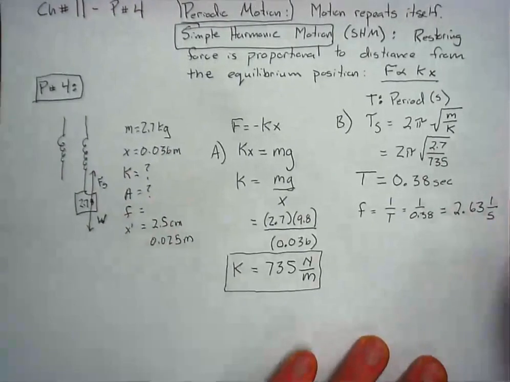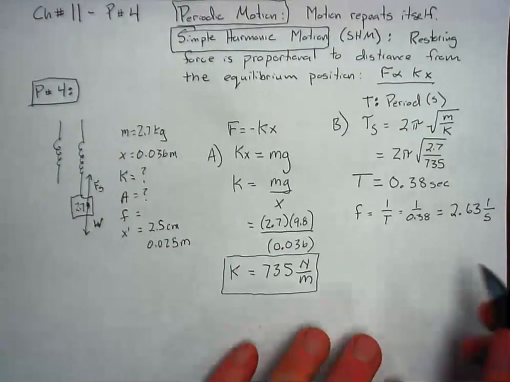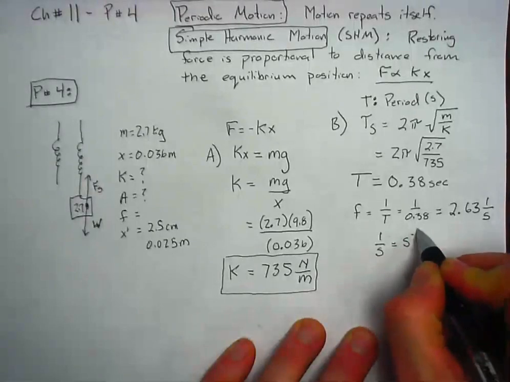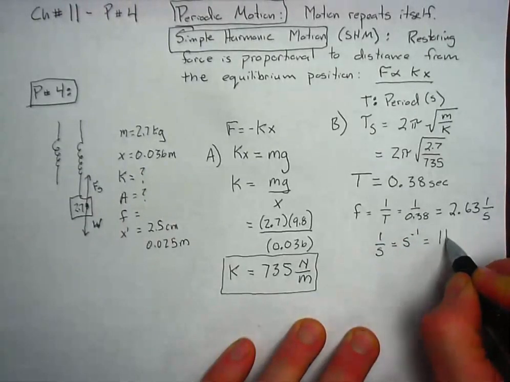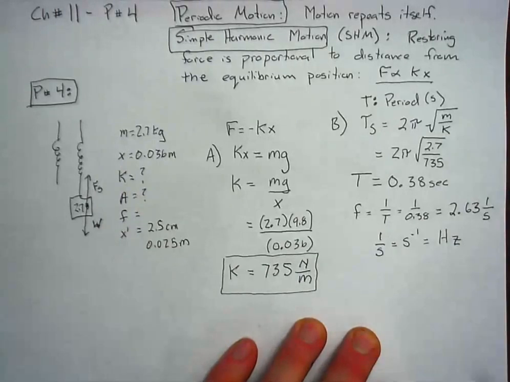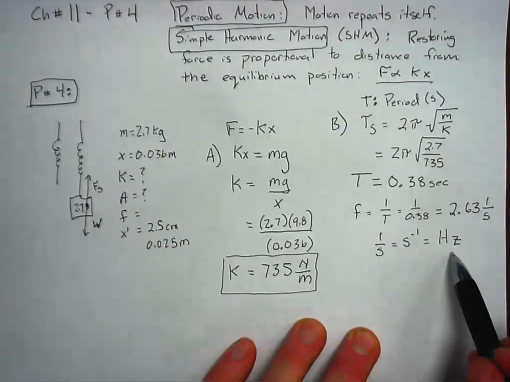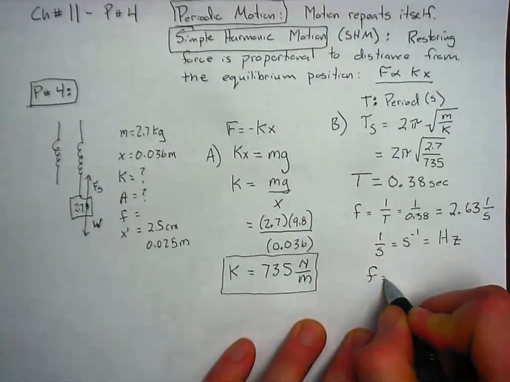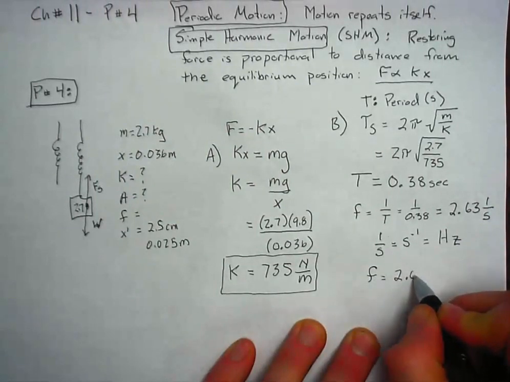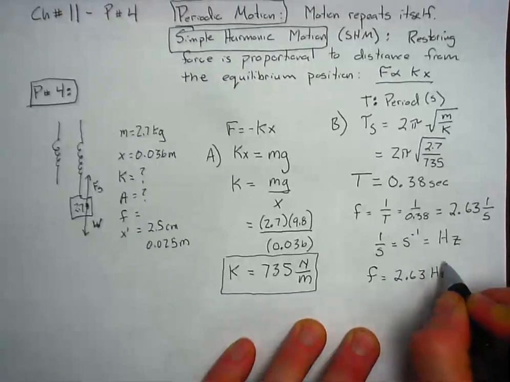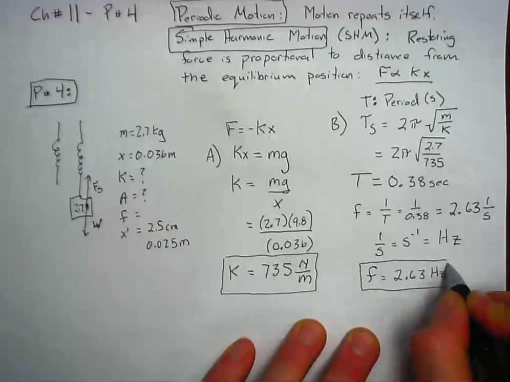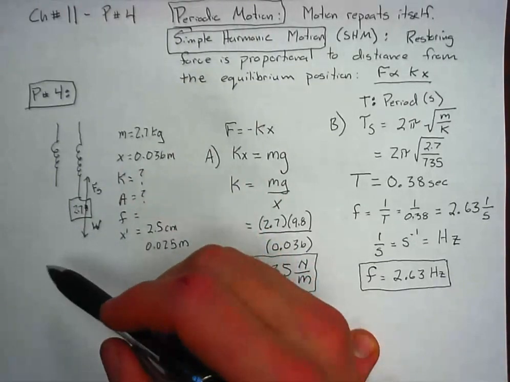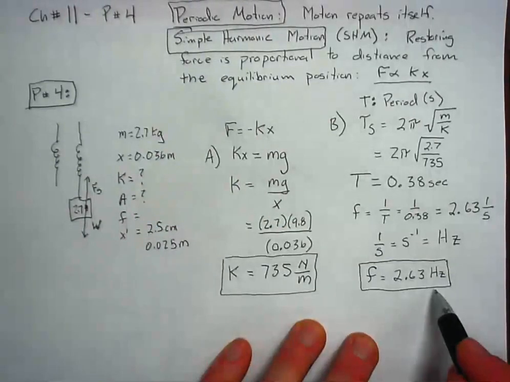Okay, let's talk units here. 1 over seconds, or sometimes written inverse seconds, is defined to be a hertz. All right, sometimes called a cycle per second. All right, so the frequency of this guy's oscillation is 2.63 hertz. This means every second this guy would go down and up 2.63 times. So there would be 2.63 cycles per second.